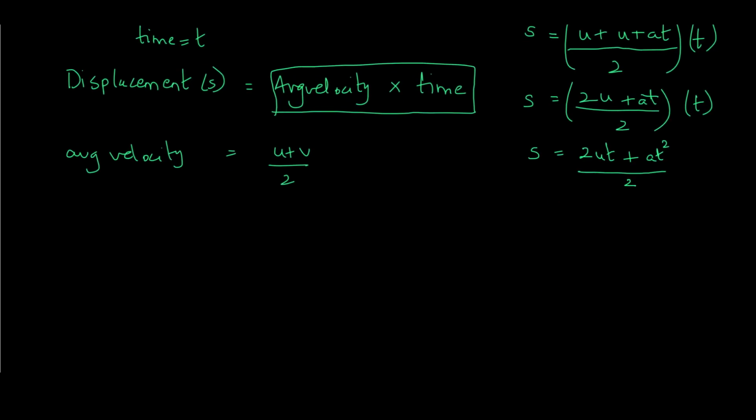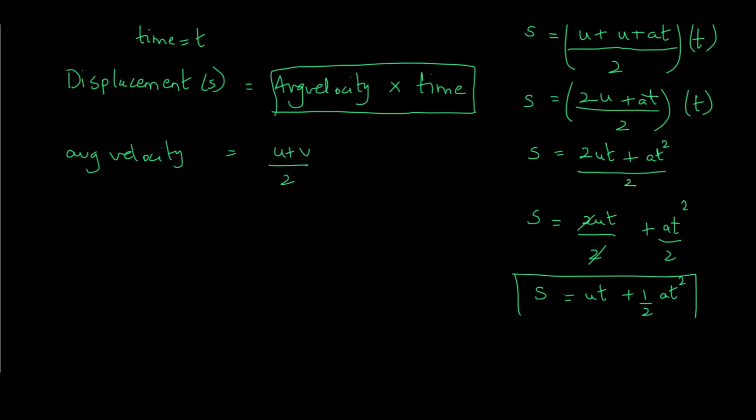If I split the terms, s = 2ut by 2 + at square by 2. 2 and 2 get cancelled. s = ut + half at square. So this is how we derive our second equation of motion.